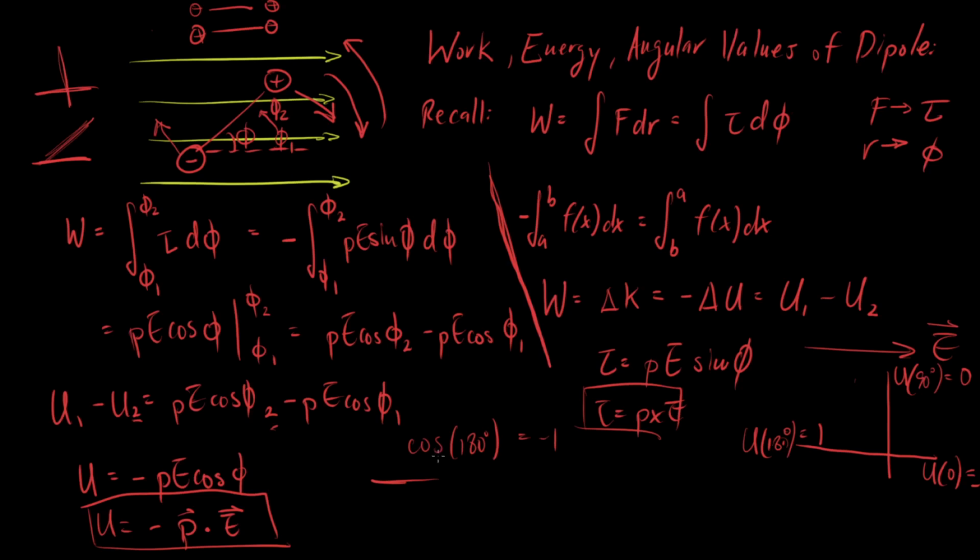And so I think that is about it in terms of understanding these situations. Naturally, of course, the last thing is angular values, because we can describe the potential energy difference, right? U1 minus U2 is equal to kinetic energy, right? So U1 minus U2 is the negative change of potential energy. And since this is a torque situation, you'll have angular values.